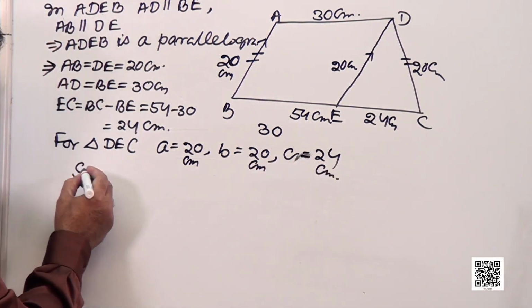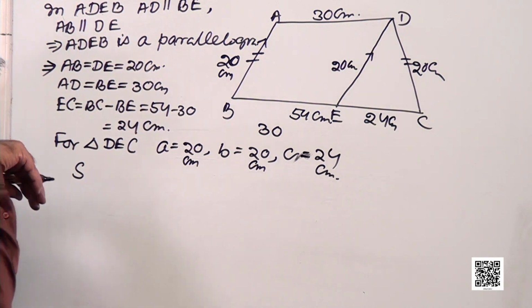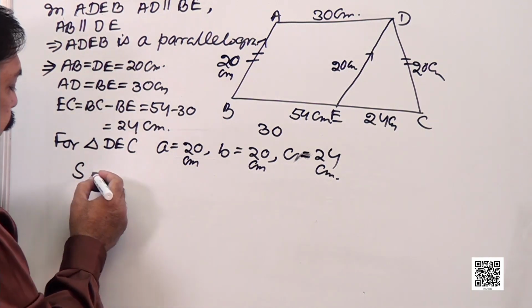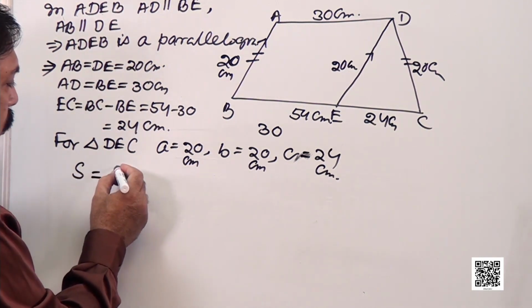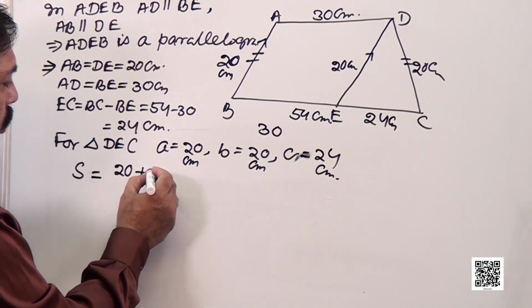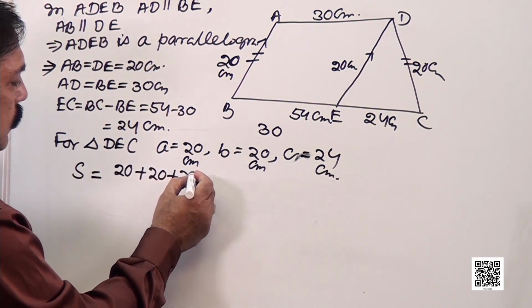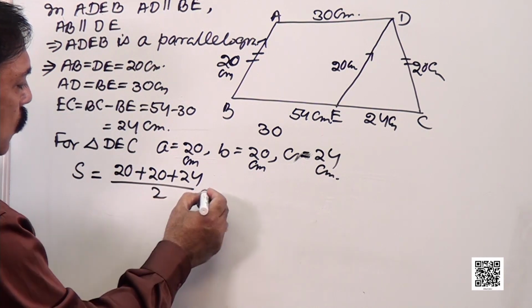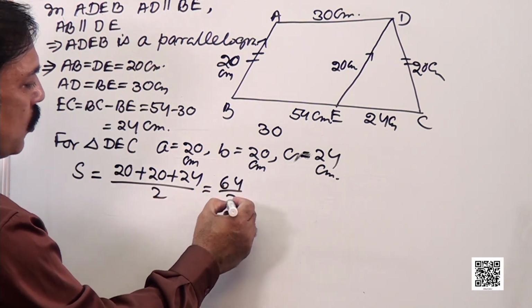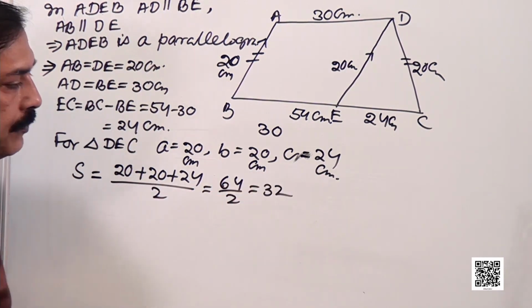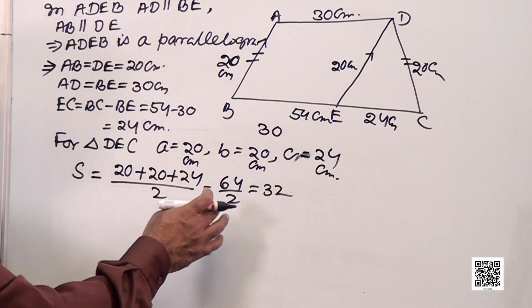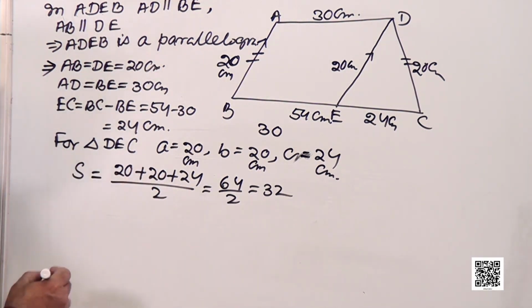So what is S? That is semi-perimeter. Semi-perimeter is equal to 20 plus 20 plus 24 by 2, that is 64 by 2 gives 32. Then what is the area of triangle DEC?